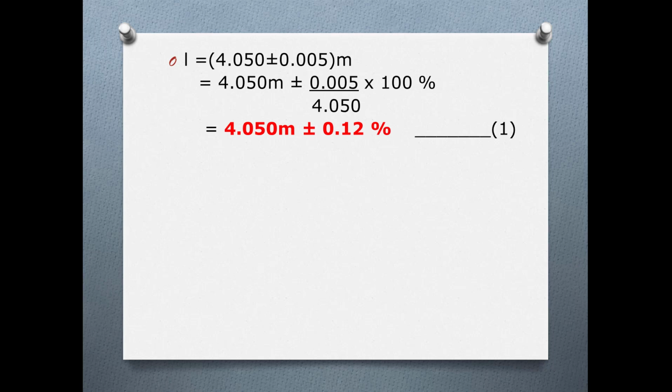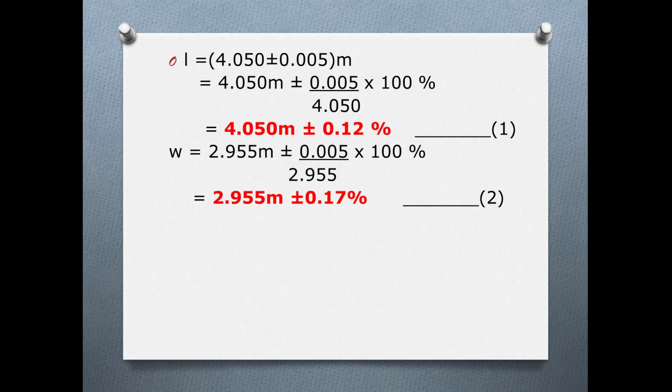We have calculated the percentage uncertainty in length. Okay, so we are now calculating the percentage uncertainty in width. Again, we will use the given value of width, 2.955, and we will calculate the percentage uncertainty by using the formula absolute uncertainty divided by actual value multiplied by 100. We will get the equation 2.955 meters plus minus 0.17%.